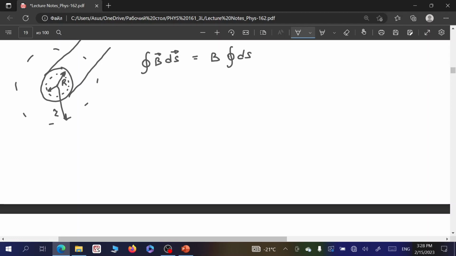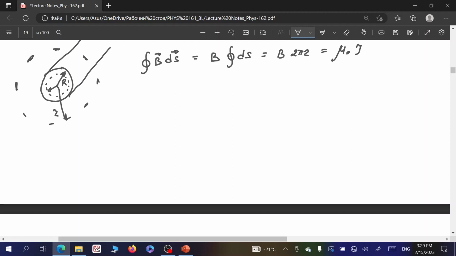In this case, it will be B times 2 pi r, which is the circumference of this large circle outside the conductor. And that was equal, according to Ampere's law, to mu naught times I.